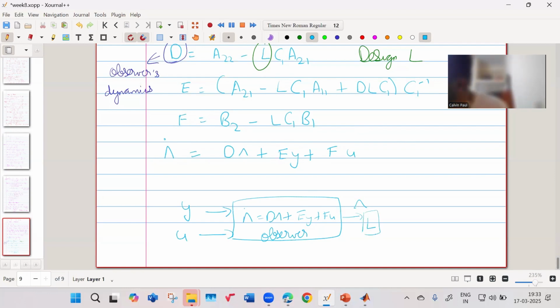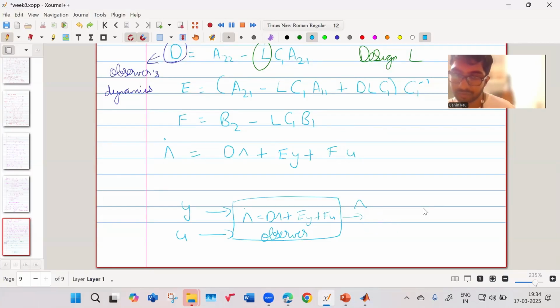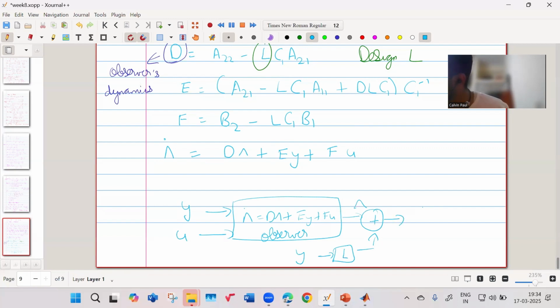This is multiplied by L, right? So this is L into y plus kappa. This is our estimated Z2 hat, the state which we are estimating.